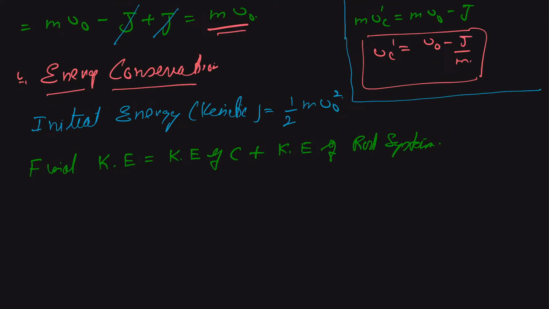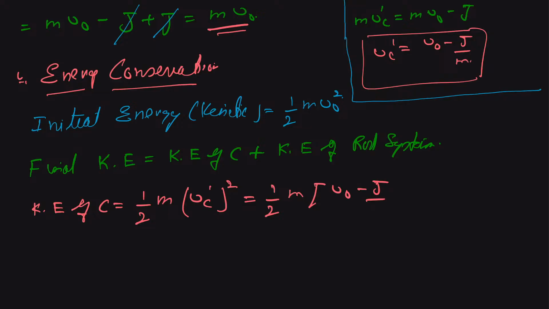And our rod system will have both translational as well as rotational energy. Kinetic energy of C is quite simple: it is half m Vc prime whole square, and Vc prime we already know, so this comes as half m times v naught minus j upon m whole square.